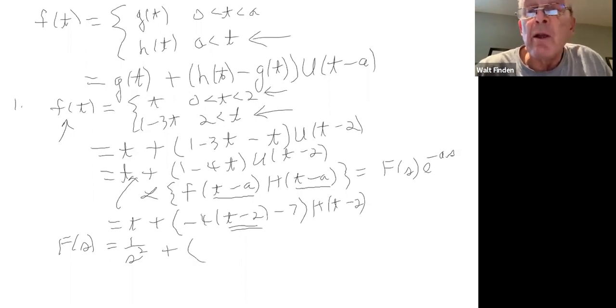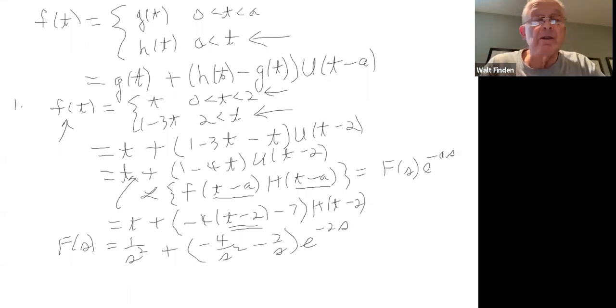That's like minus 4 over s squared. I treat this t minus 2 as just t. Minus 7 over s, e to the minus 2s. And there's the right answer for that one. That is certainly a good way to do that.